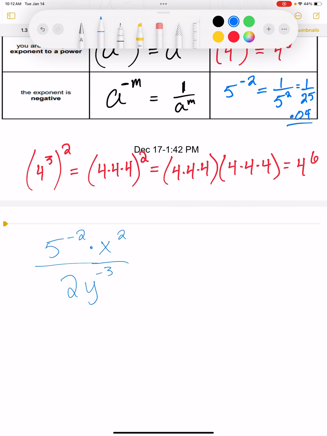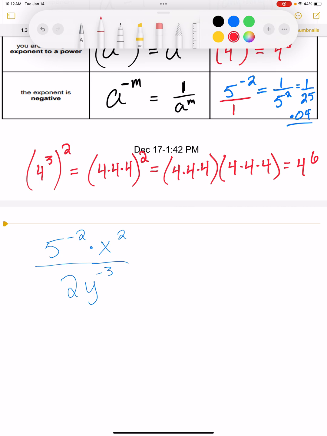How do you simplify this? Well, first, anytime you're dealing with negatives, and I probably should have shown that in an example, you should remember that every number can be written over 1. Every number is a fraction.